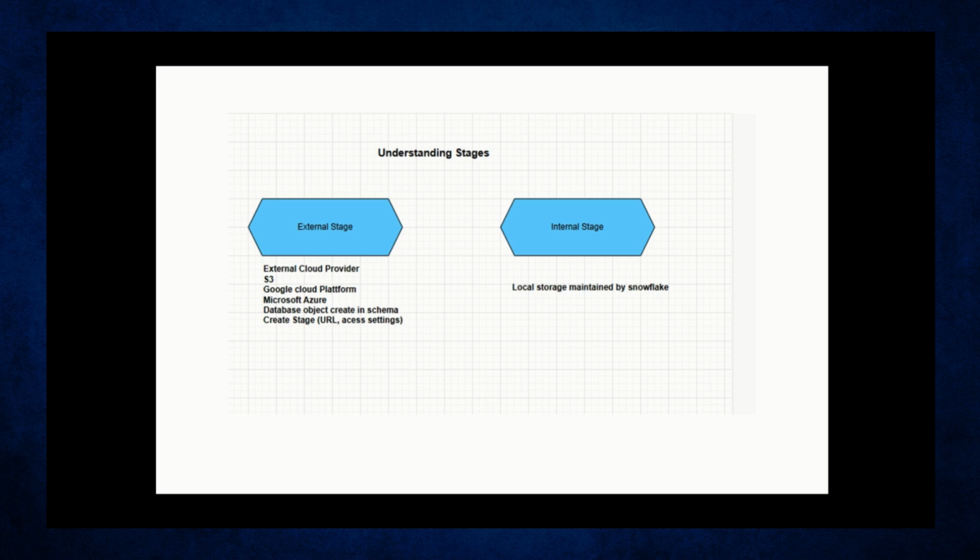As you can see, there are two stages: one is external and the second is the internal stage. Mostly we use external stages. External stages are from a provider like an S3 bucket, Google Cloud Platform, or Microsoft Azure. You create a database object in a schema, creating the stage with the URL and access settings.